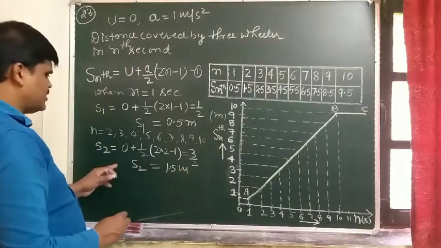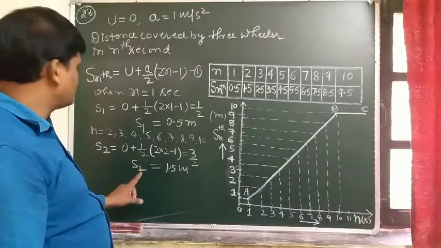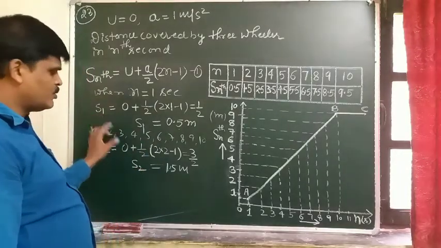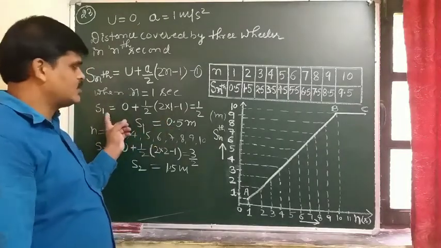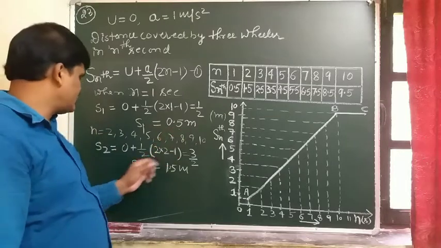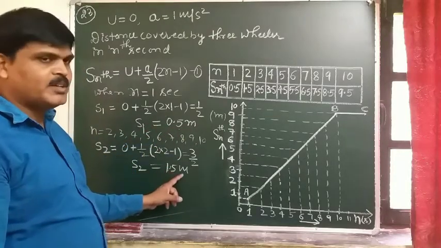So when n equals 1, S1 is 0.5 meter, and when n equals 2, S2 is 1.5 meter.